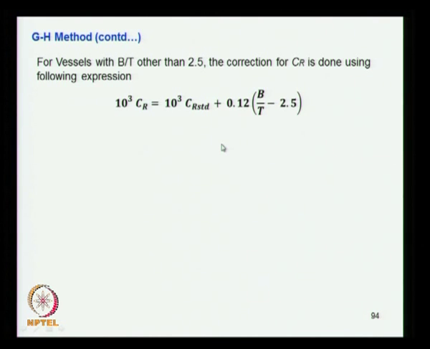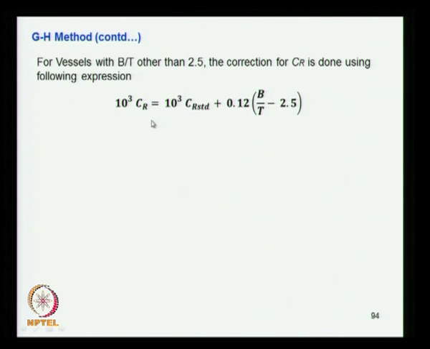Similar corrections are also available for LCB when it deviates from the standard value, and also for the form, if you are not using the normal form U or V, there will be a correction for that. If you do not have a cruiser stern but a transom stern, there will be a correction for that. Including all these corrections, as well as small corrections which are not covered here, you will get the corrected 10 cube Cr.